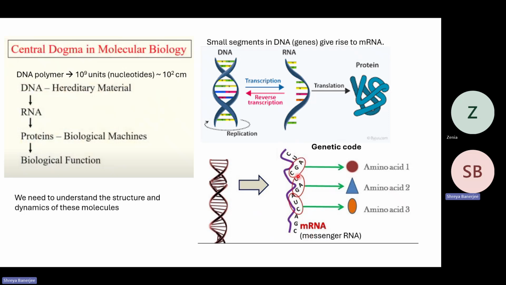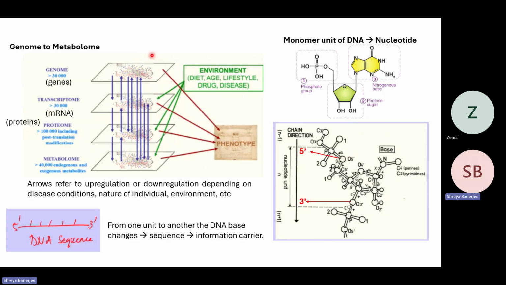But the main point to remember is three base pairs correspond to one amino acid. So like this, consecutive triplets of base pairs correspond to different amino acids, and like this, the entire protein is generated, and protein is basically a chain of these amino acids. So this is the central dogma in molecular biology.